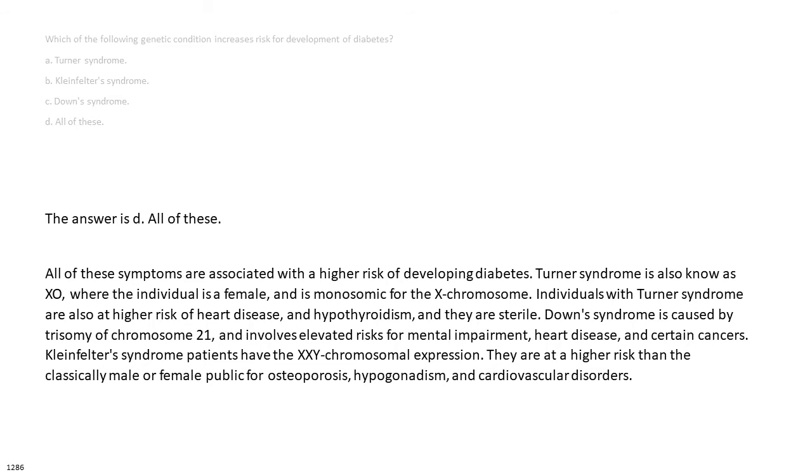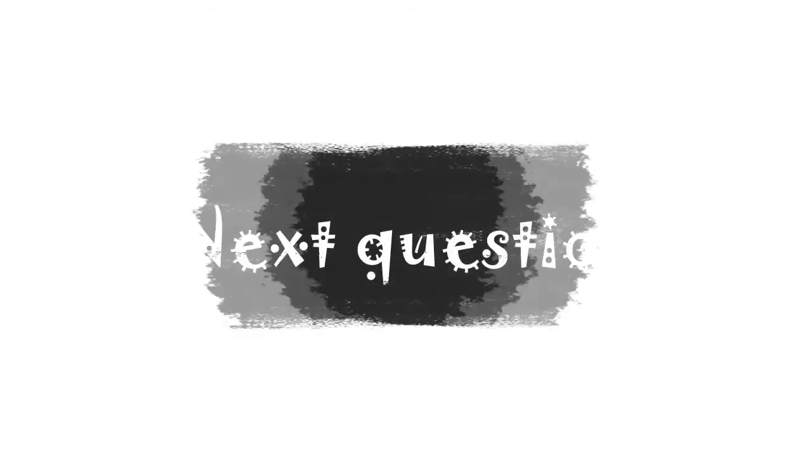Down syndrome is caused by trisomy of chromosome 21, and involves elevated risks for mental impairment, heart disease, and certain cancers. Klinefelter's syndrome patients have the XXY chromosomal expression. They are at a higher risk than the classically male or female population for osteoporosis, hypogonadism, and cardiovascular disorders.